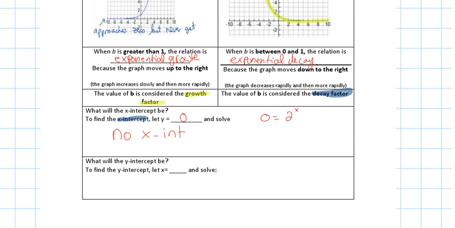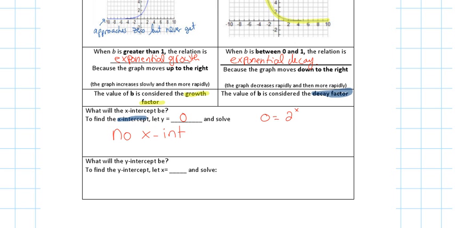Can someone do 2 to the power of negative 7? Times 10 to the power of negative what? Negative 3. Which is 7.8 times 10 to the power of negative 3.